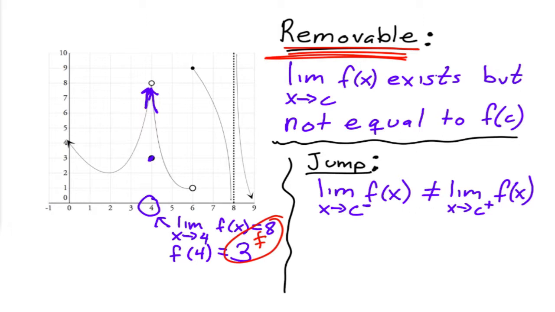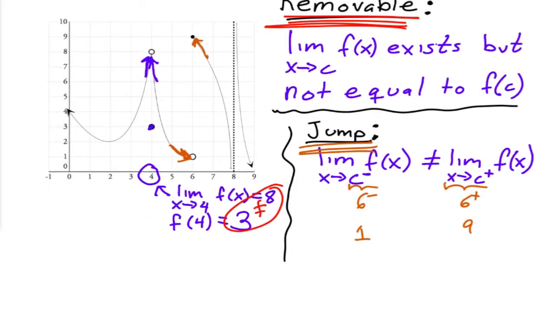Intuitively, you can see this is the spot where you have a jump discontinuity, because if you come in from the left, at 6 from the left, the limit is equal to 1, and at 6 from the right, the limit is equal to 9. Those two are not equal to each other, so that would be a jump discontinuity right here.